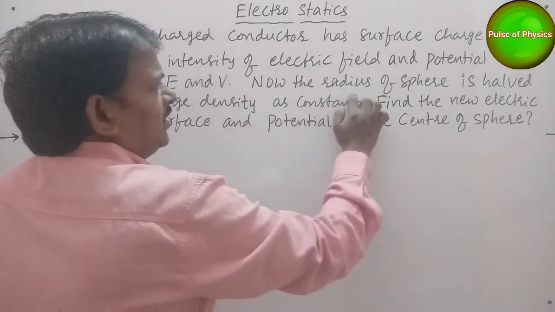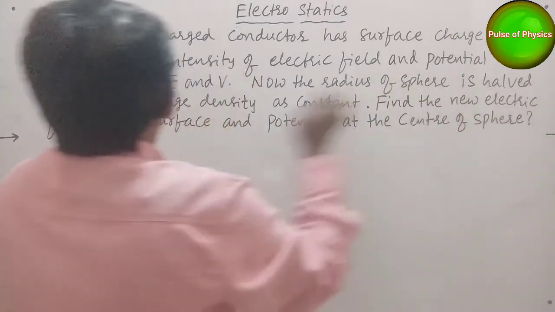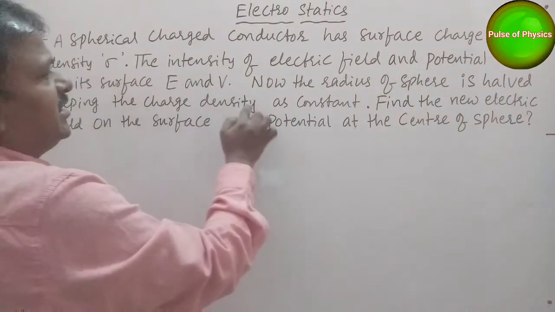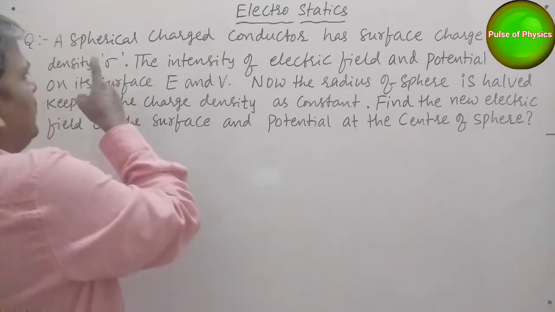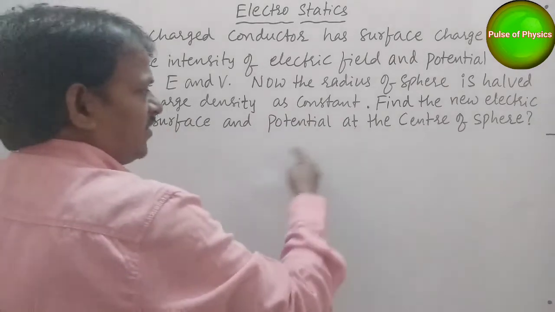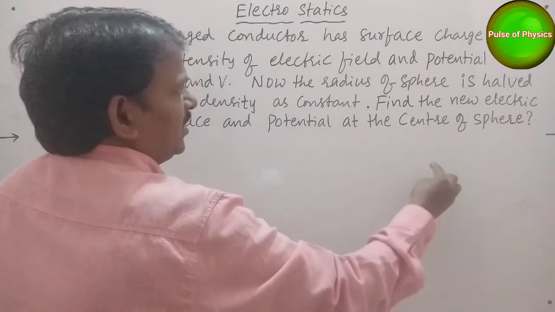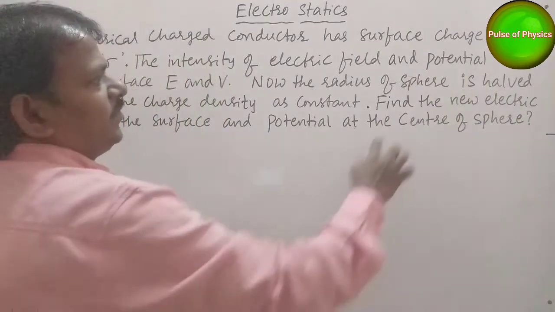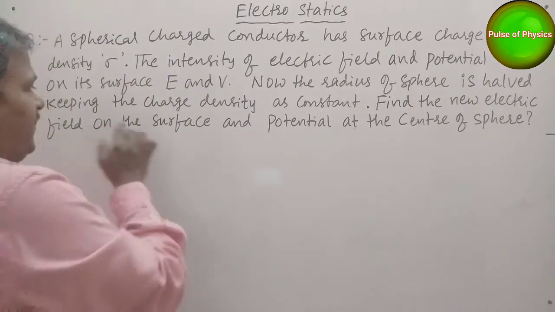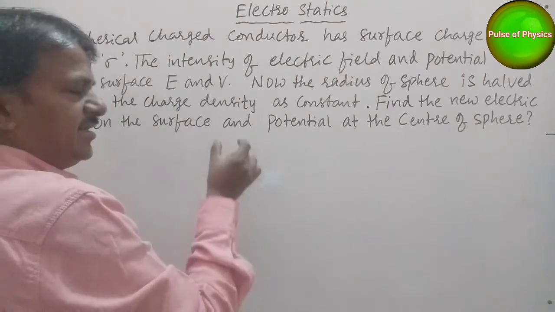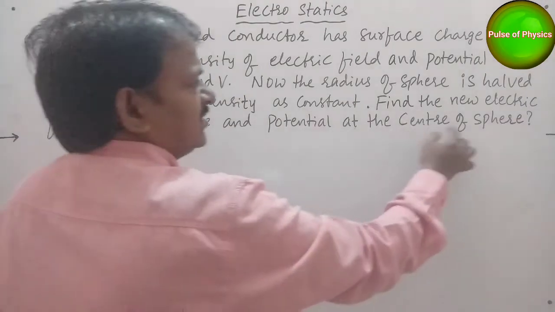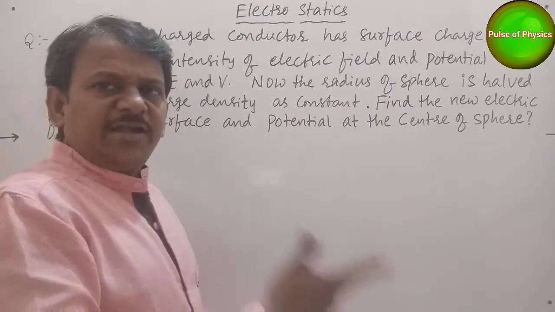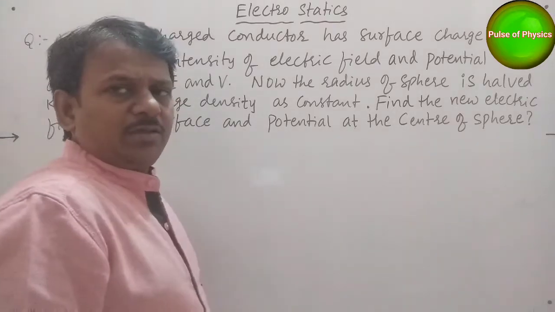The radius of the sphere is halved, keeping the charge density constant, the same sigma. From that we should select a sphere with half radius. Find the new electric field on the surface, that is E dash, and the potential at the center of the sphere, V dash at center.